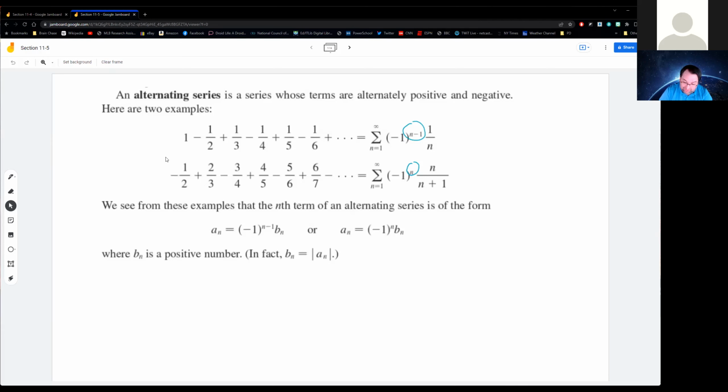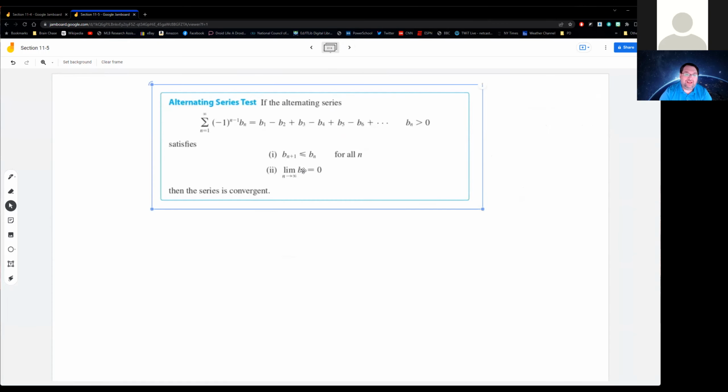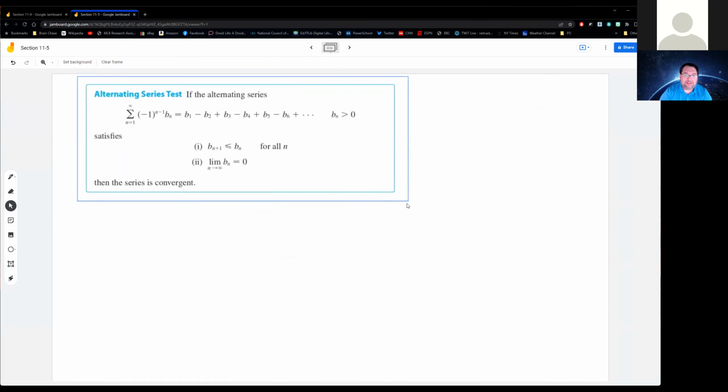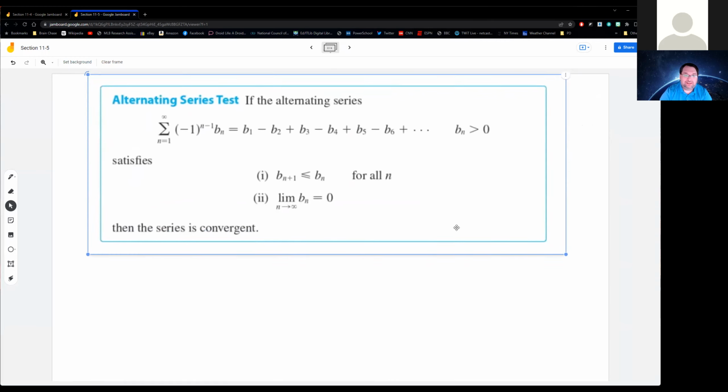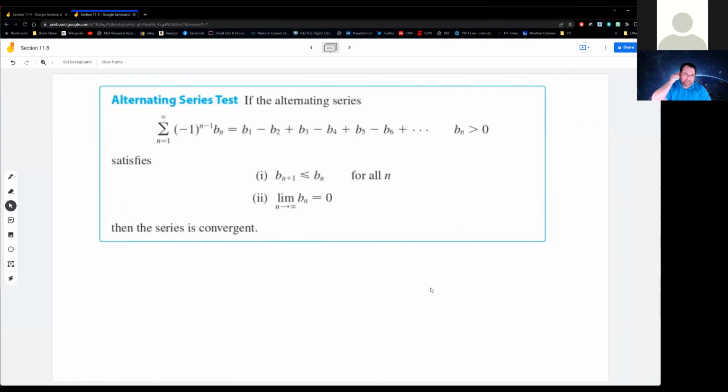Now, once I know it's an alternating series, we have a test that we can do. And this test is going to tell me if it's convergent. This is the alternating series test.